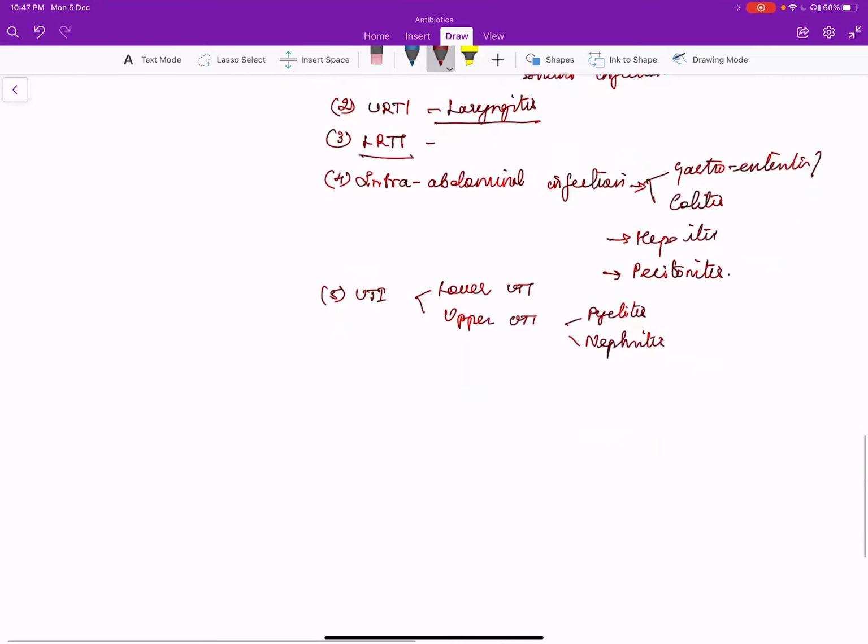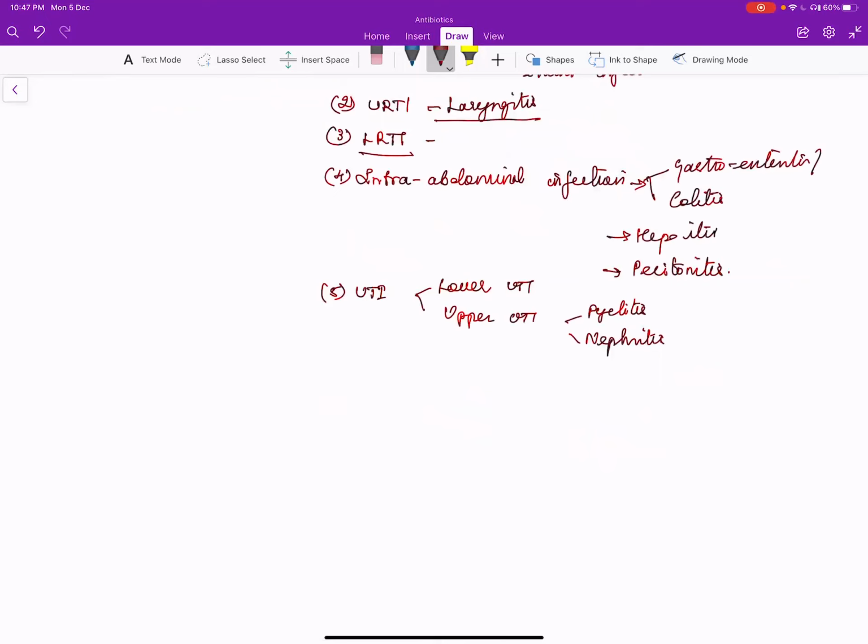perirenal abscess. So can you repeat that upper UTI again? Lower UTI is clear. The urethra is involved, urethritis. Then above that is cystitis. In upper UTI, the ureter doesn't usually get involved alone. The renal pelvis gets involved. Inflammation of the renal pelvis is called pyelitis, whereas inflammation of the kidney tissue is called nephritis.